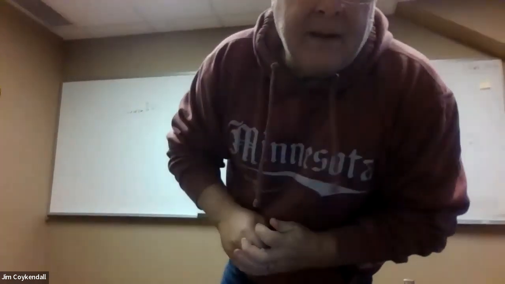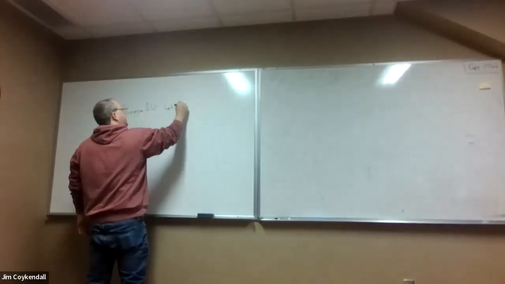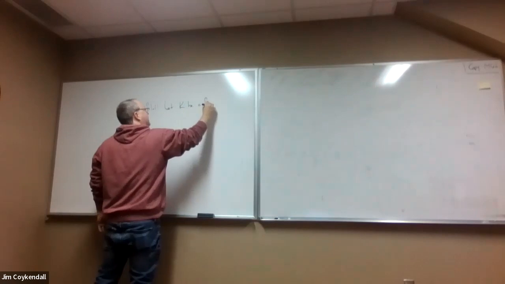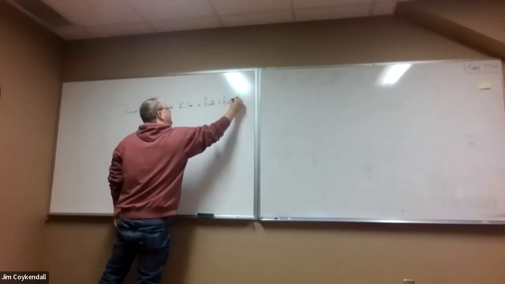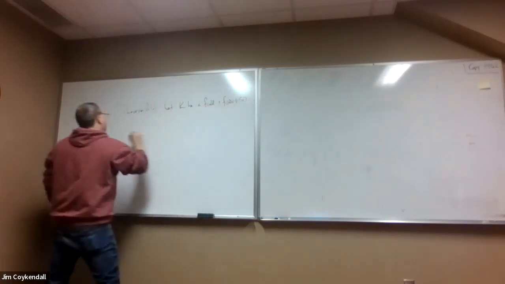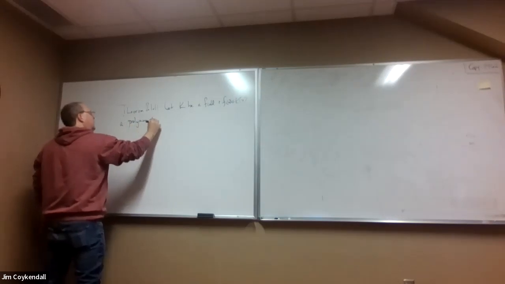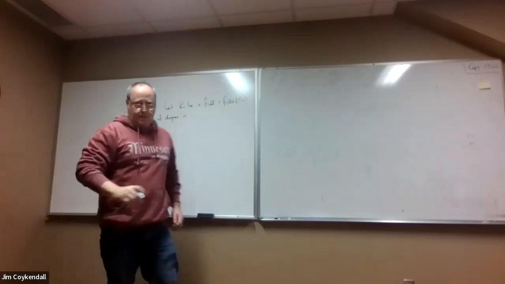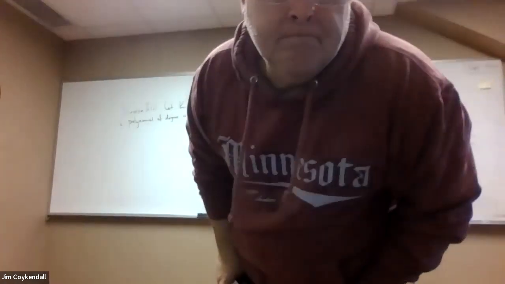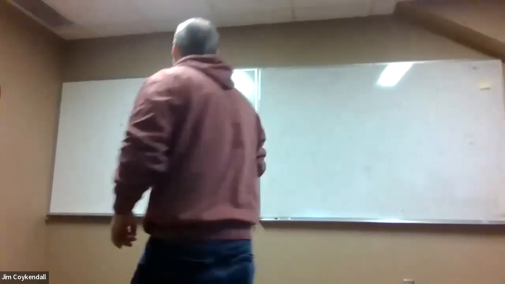Let K be a field and f a polynomial of degree n. That's a K[x] polynomial. Then we can find a simple extension F equals K(u) such that the following holds.